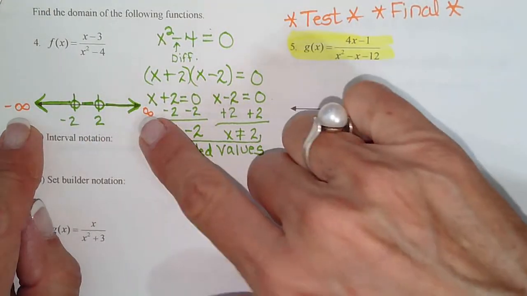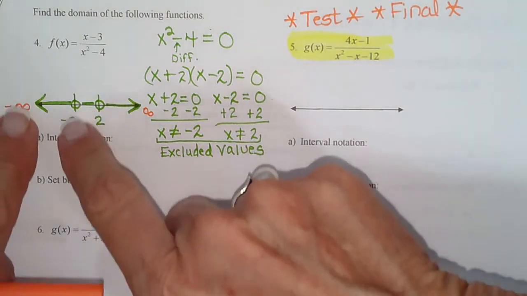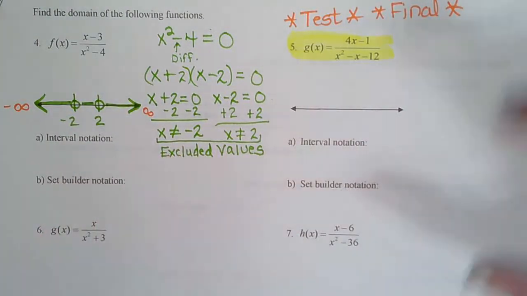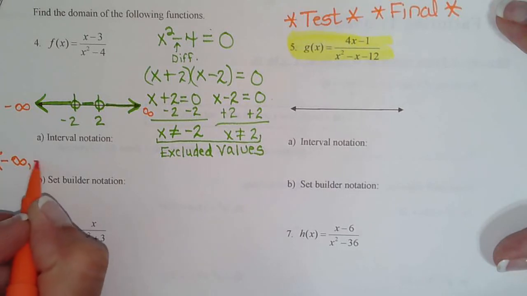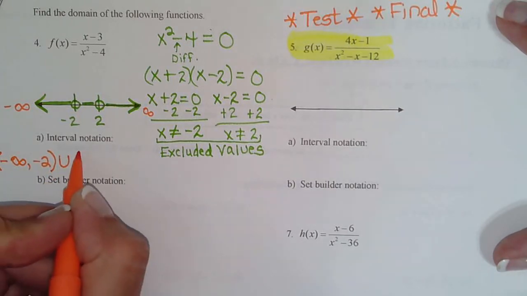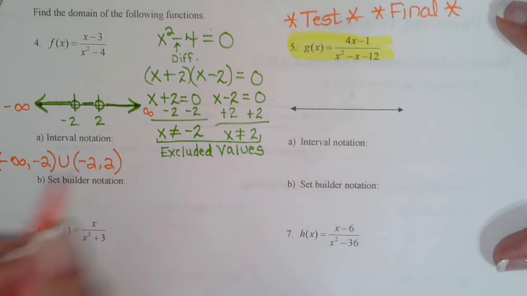I put my negative and positive infinity in so that would make it easier for us to write our interval notation. Remember, interval notation is exactly in the same order as the number line with u's in between. So our first interval would be negative infinity to -2, parenthesis, united with -2 to +2, parentheses.